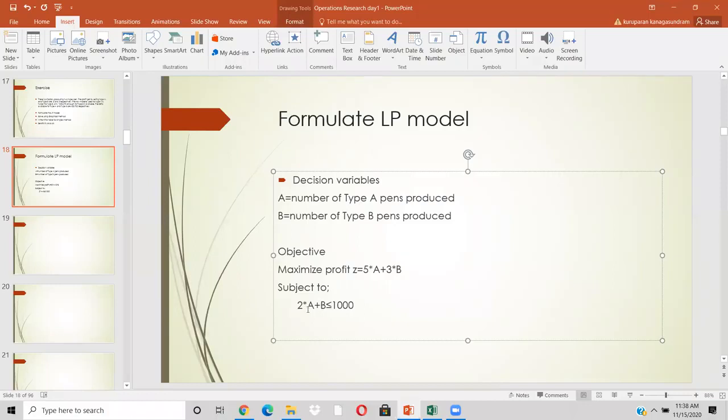If I am producing 1 type A pen, instead I can produce 2 of B. This constraint is in the units of type B pens. Be careful, this is somewhat confusing, but don't worry about it. Usually you will have something easy.